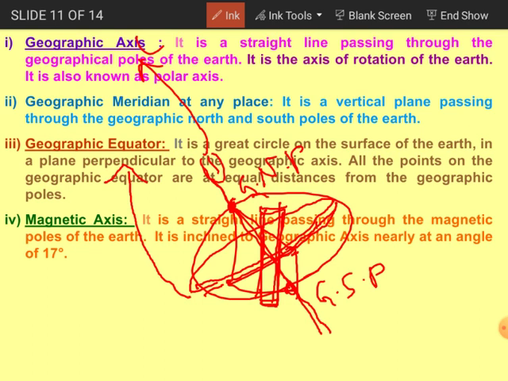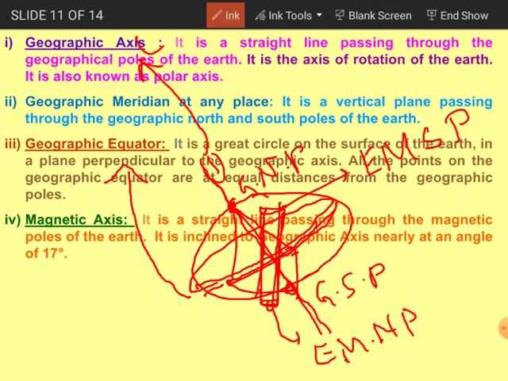This will be acting as the earth's magnetic south pole, and this side will be acting as the earth's magnetic north pole.